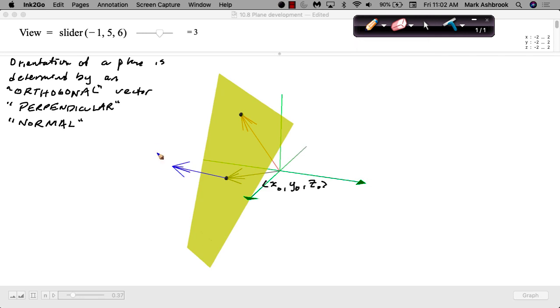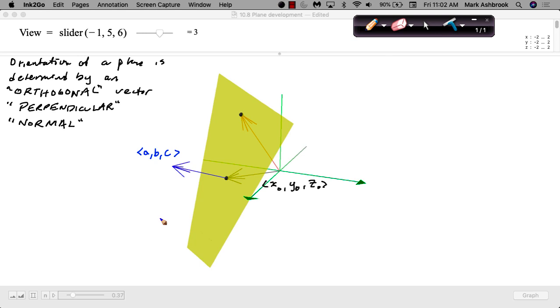Because it's giving orientation, like the parallel vector gave me the orientation of the line, I'm going to use the same thing. But here you've got to be really careful. What is the vector ABC for a line? How is it related to the line? The direction vector. What's its direction relative to the line? Parallel, right? It points in the direction of the line.